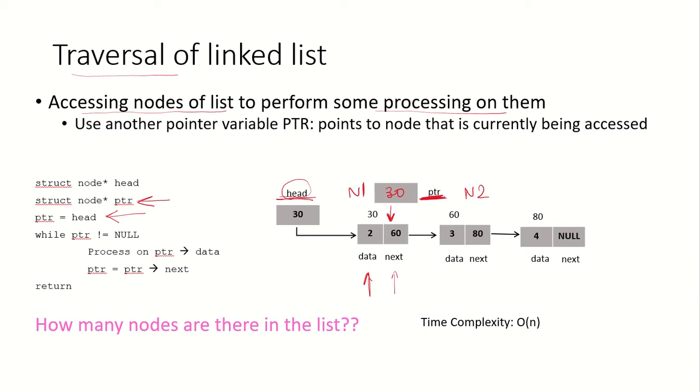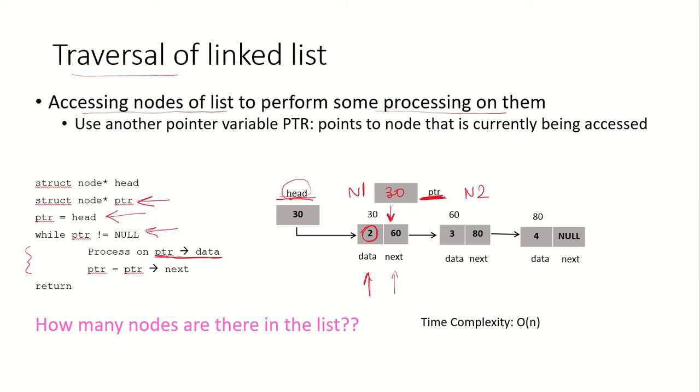Now we have to traverse this whole list and perform some task on PTR arrow data, that means the data part of each node. So while PTR is not null, we will go within this loop. Since PTR is currently 30, we go within the loop and process PTR arrow data.